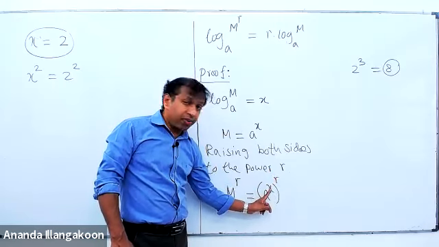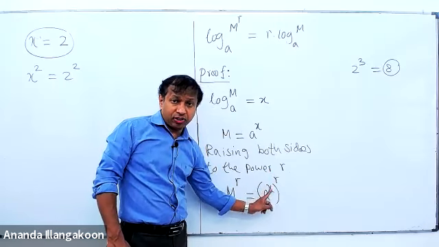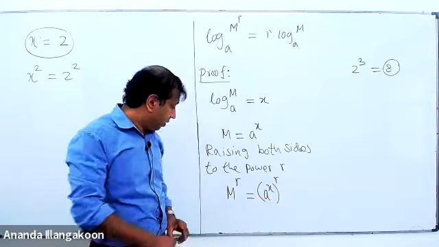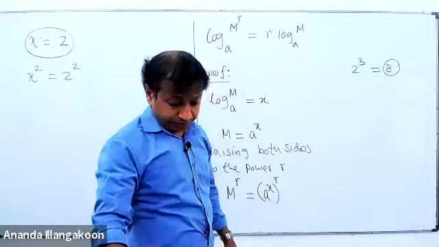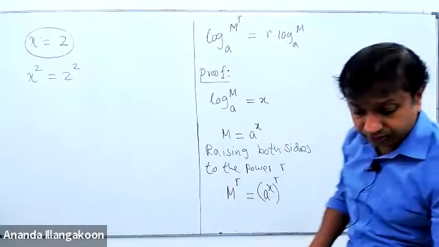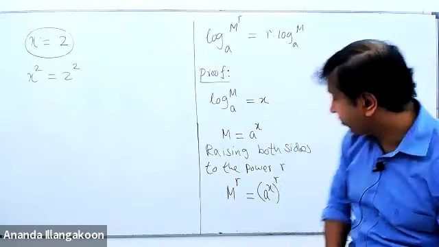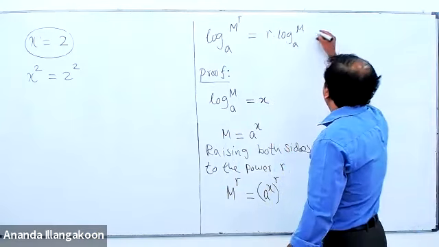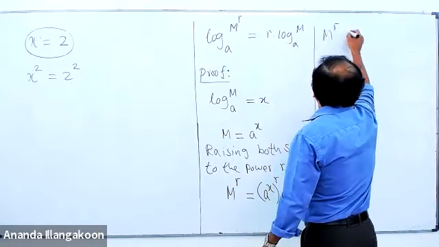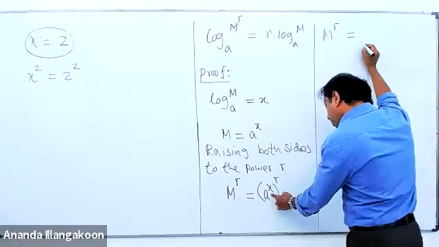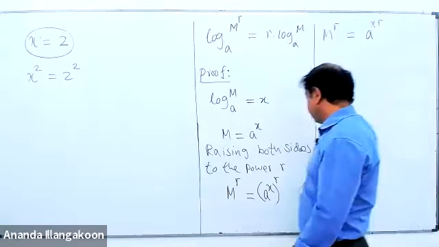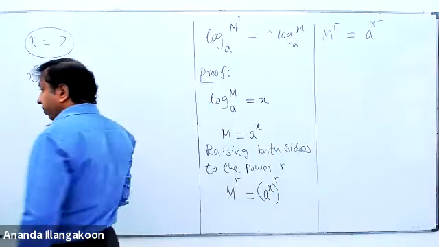We multiply the inner power and the outer power. Then what do we get? m to the power r is equal to a to the power xr, multiplying the inner power x and the outer power r.